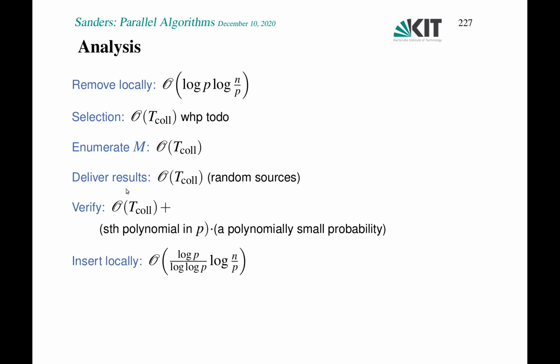The verification is time order T collective for checking, and for repairing we have something that is certainly possible in time polynomial in p, but the probability for this is polynomially small. We can make this polynomial have a larger degree than that polynomial.